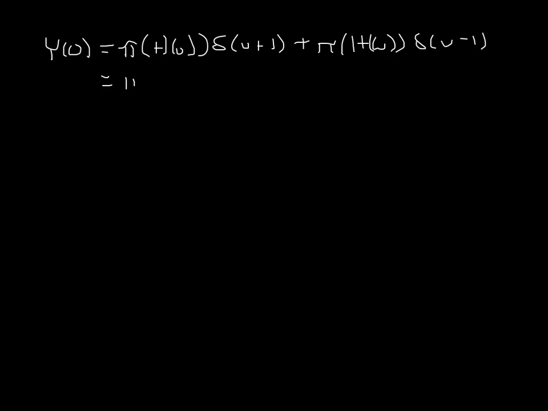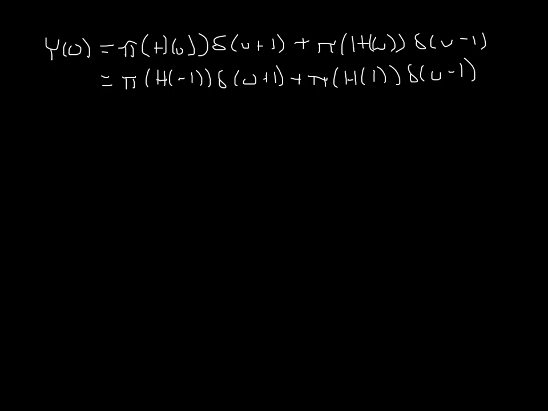So we're going to have pi of H of minus 1 times the delta of omega plus 1, plus pi of H of 1 times the delta of omega minus 1.